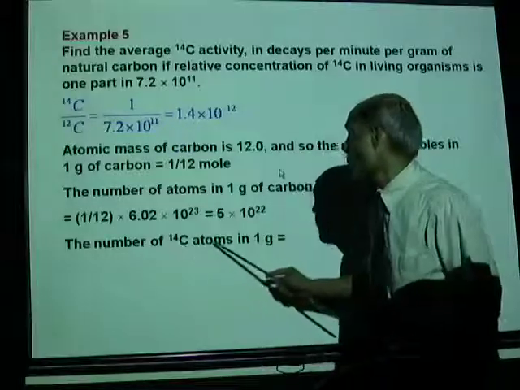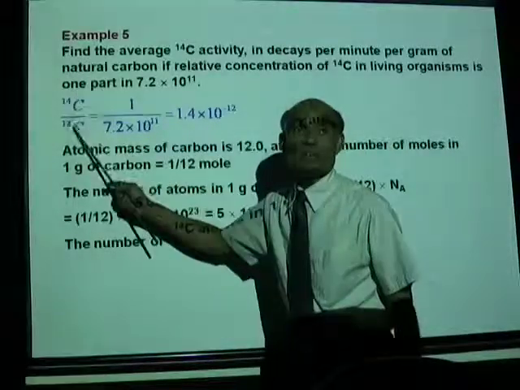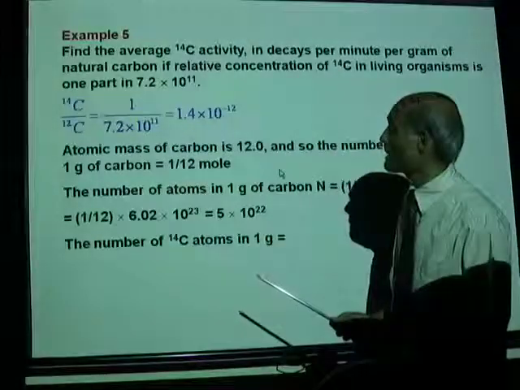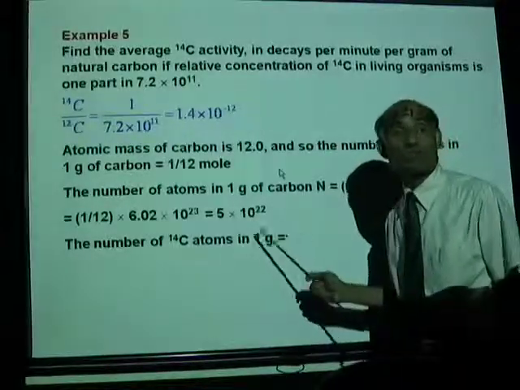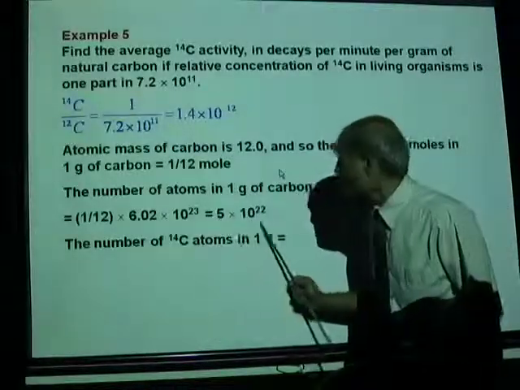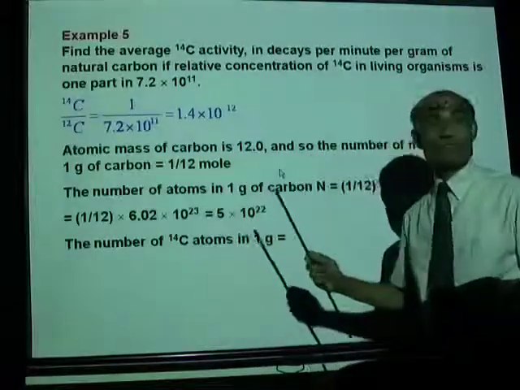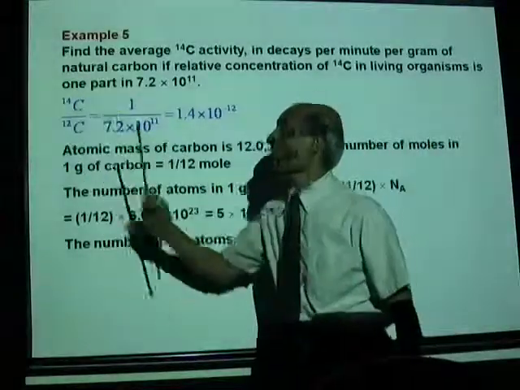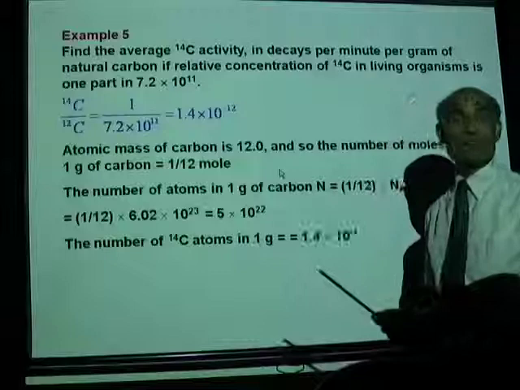And the number of carbon-14 atoms? Since the ratio of carbon-14 to carbon-12 is 1.4 times 10 to the negative 12, and there are 5 times 10 to the 22 atoms in 1 gram of carbon, can you now find the number of carbon-14 atoms in 1 gram?